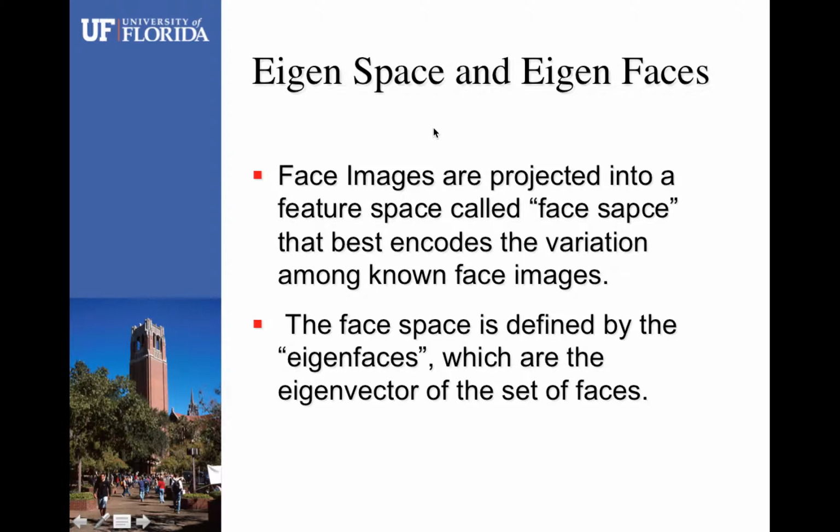Now let's talk about eigenspace and eigenfaces. Face images are projected into a feature space called face space that best encodes the variation among known face images. The face space is defined by eigenfaces, which are the eigenvectors of the set of faces.